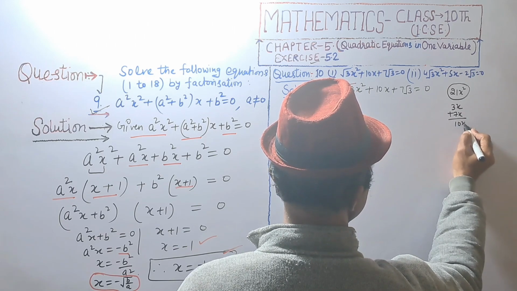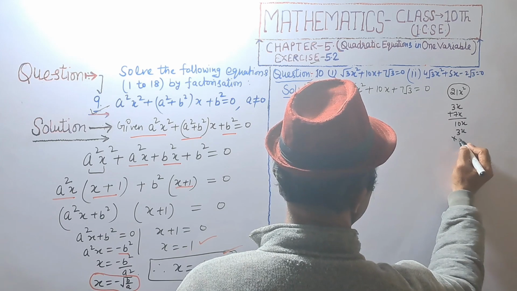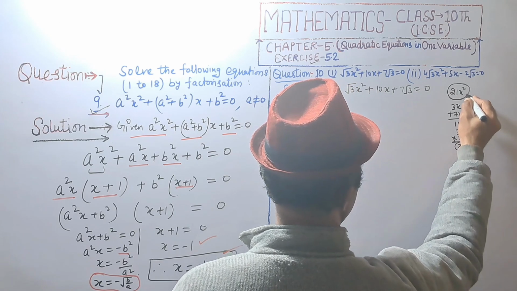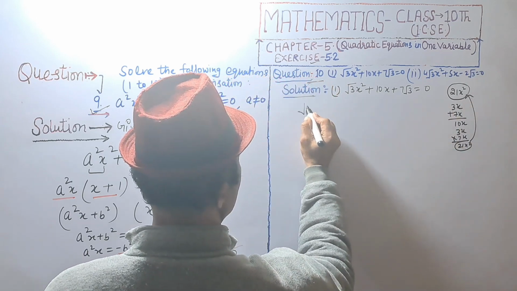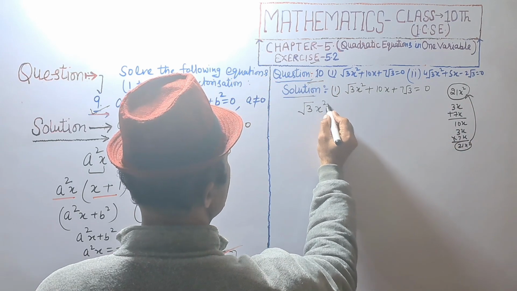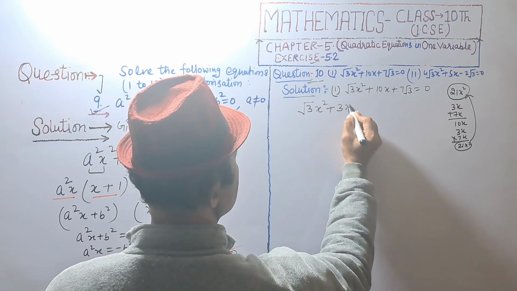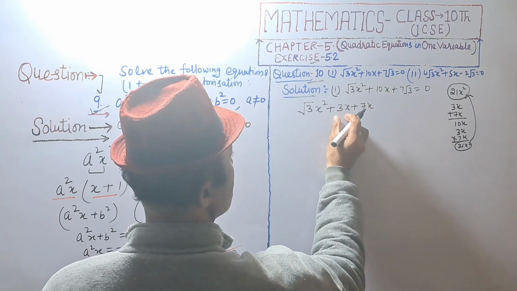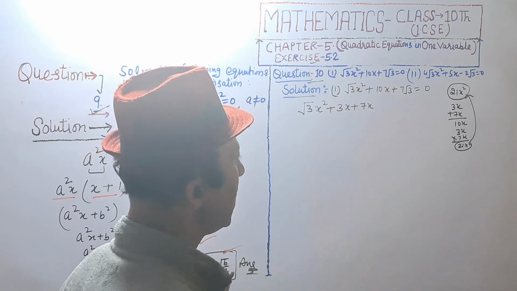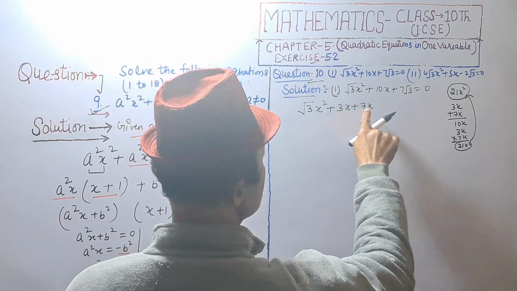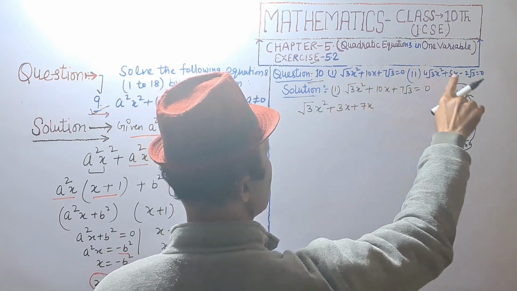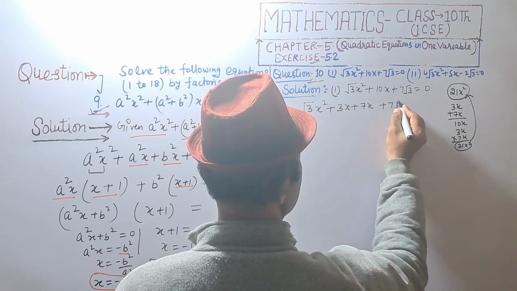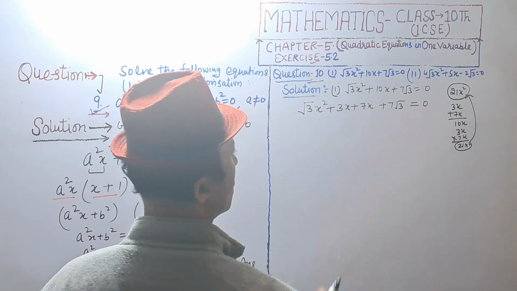Sum is 10x, and 3x into 7x, their product is 21x². √3x² + 3x + 7x, 3x plus 7x is equal to 10x, and 3x into 7x is 3 7s are 21x², plus 7√3 equal to 0.